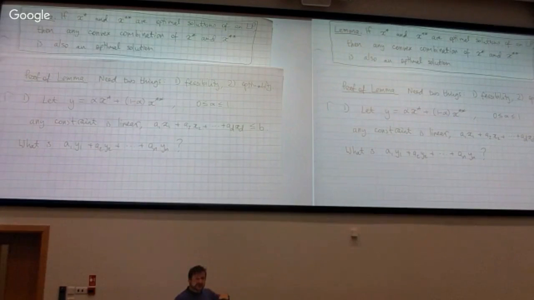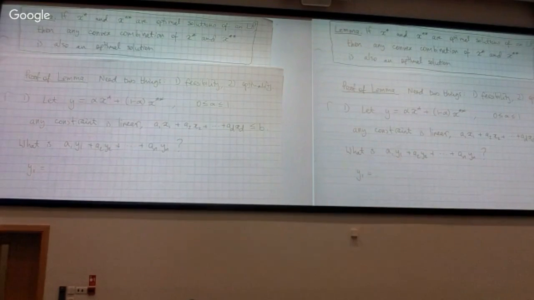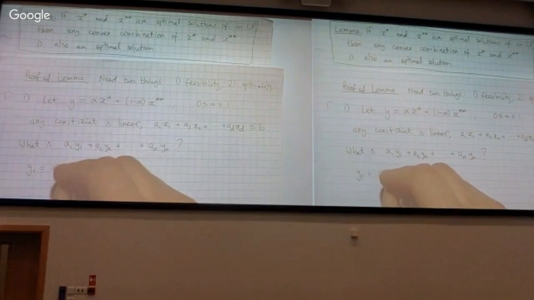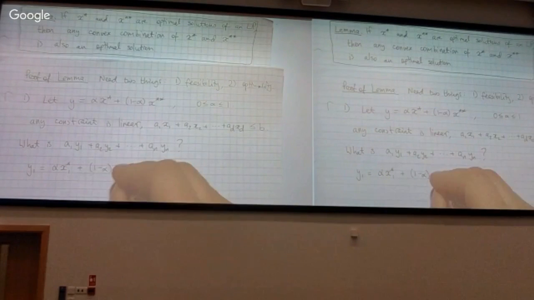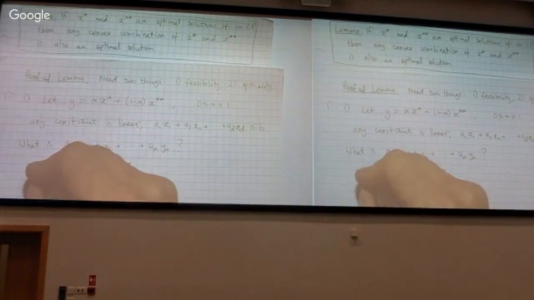So here you get that y1 is alpha times x star 1 plus 1 minus alpha times x double star 1.